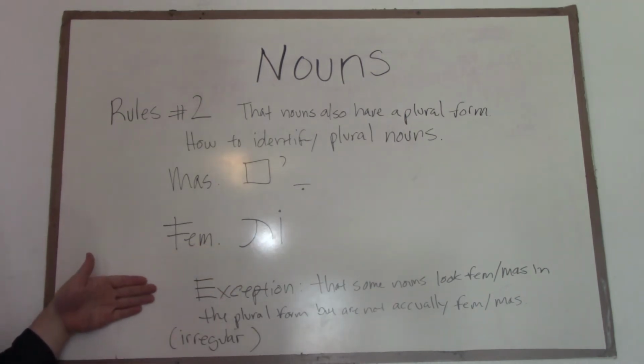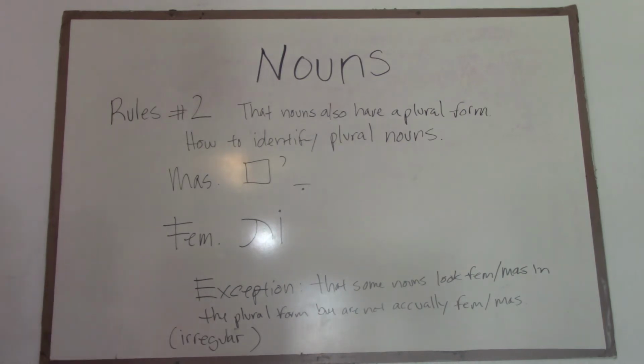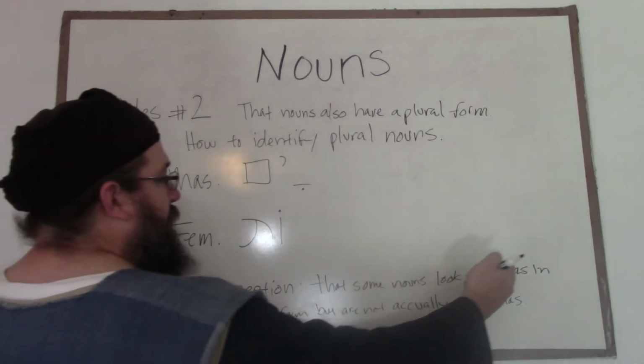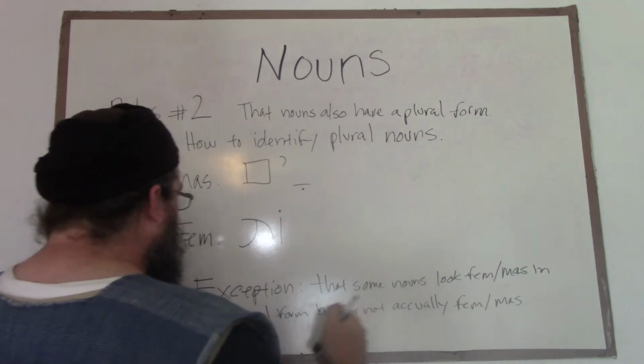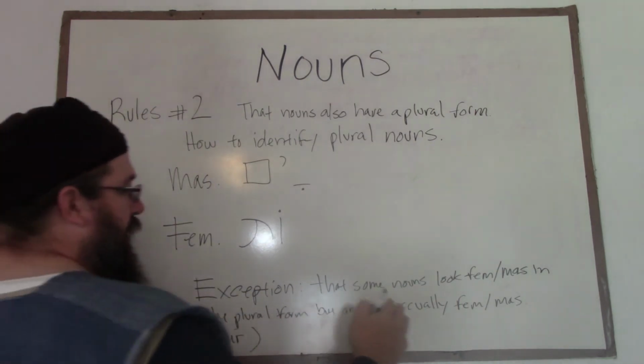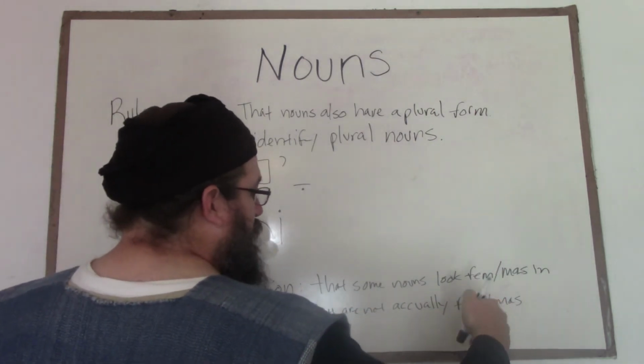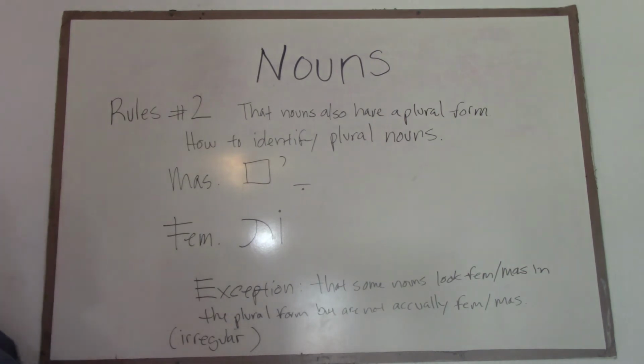The exception to the rule is that some nouns look feminine but are masculine, and the plural form, which are actually masculine, can also look feminine, okay? And we're going to call these the irregulars, okay? They're not the commonality of what nouns look like.